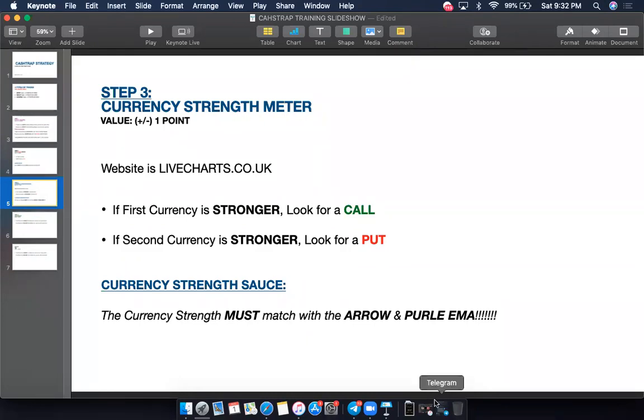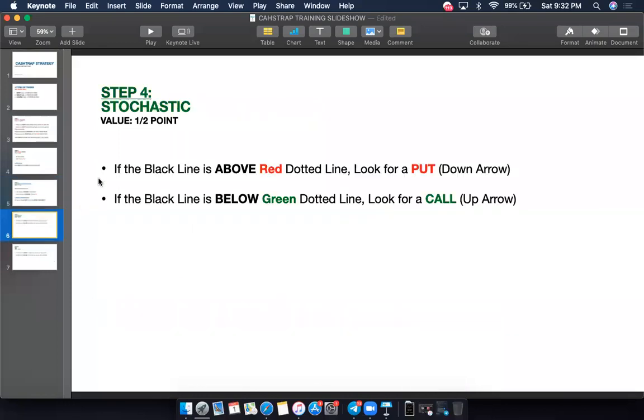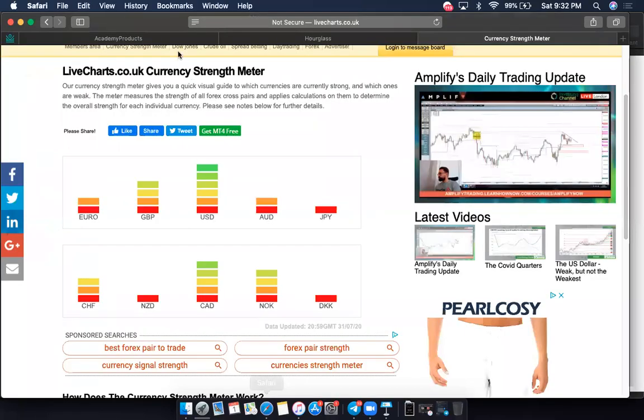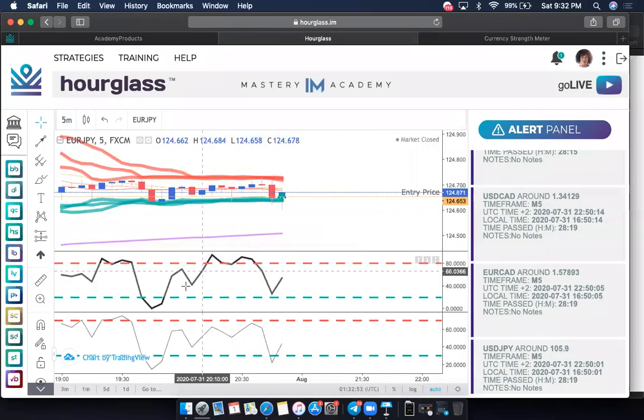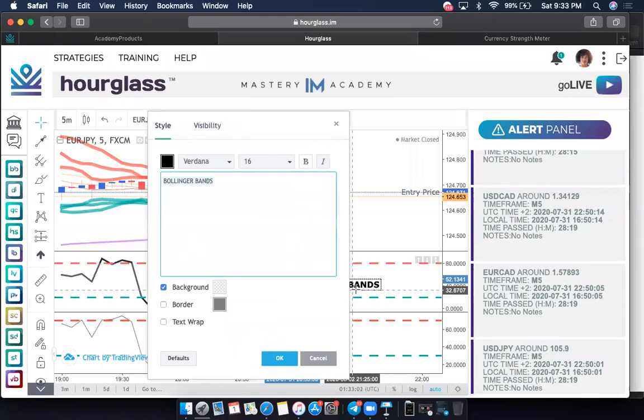The next 2 steps are just added sauce. All right? It's just added sauce. Step number 4 is the stochastic. This second part down here, where you see the red dotted line and the green dotted line, this is the stochastic or the stock.